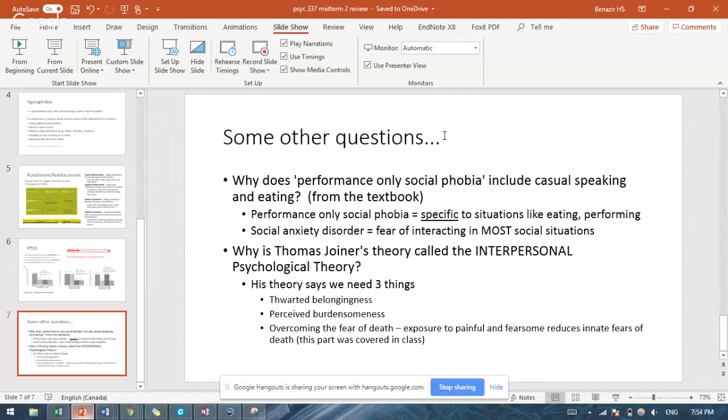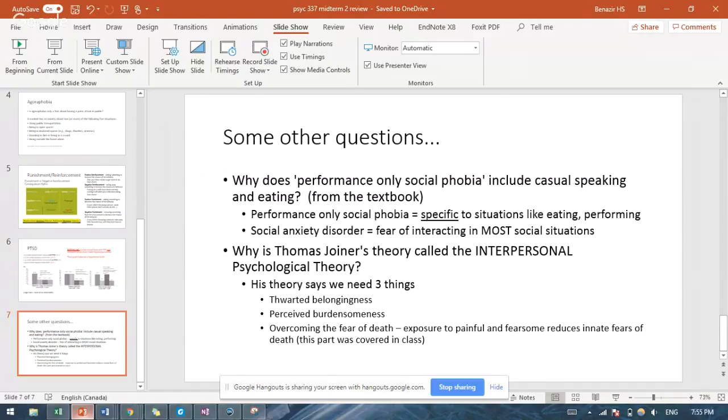In contrast, social anxiety disorder is a fear of interacting in most social situations. So where social anxiety disorder is a general disorder, performance-only social phobia is specific to something. So just to eating, but not to being at a party, or just to performing, but not to eating or not to being at a party.